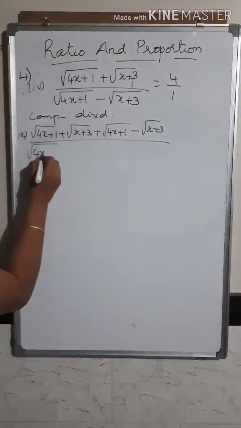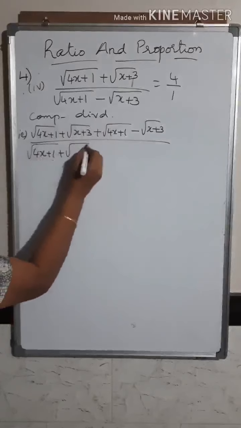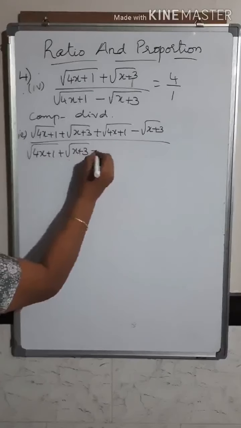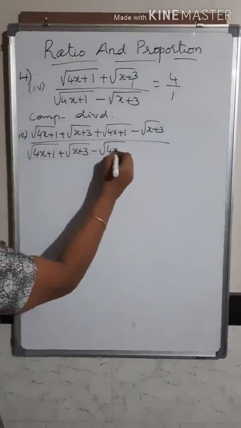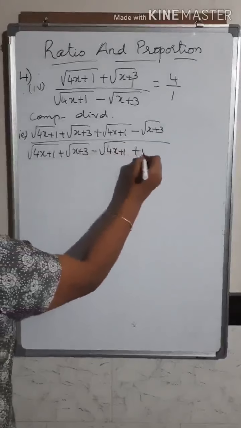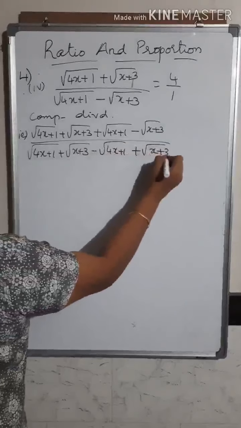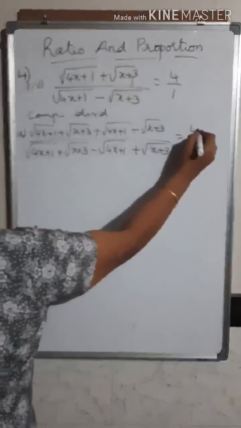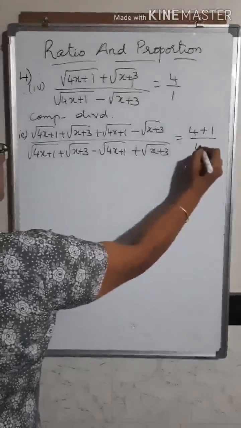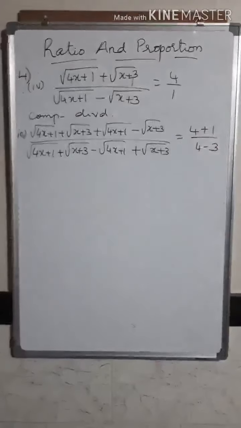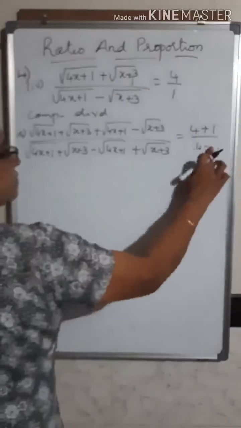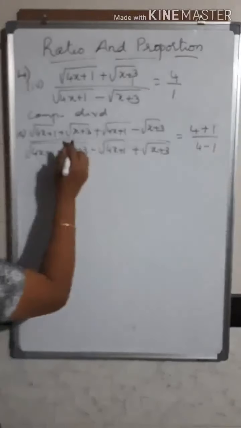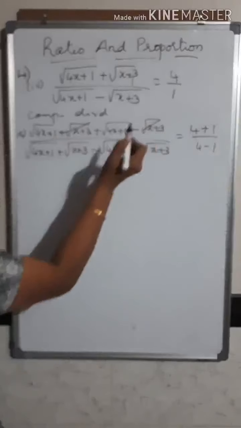Root 4x plus 1 plus root x plus 3, minus root 4x plus 1 plus, since you are subtracting, you have to change the sign of both the terms. So this will be 4 plus 1, addition in the numerator, subtraction in the denominator. So now here, opposite signs get cancelled, so these two get cancelled.